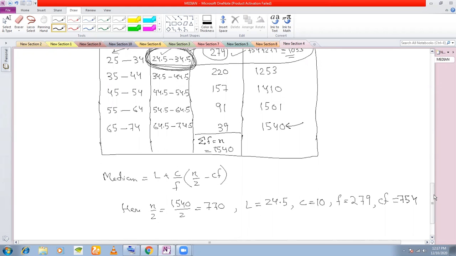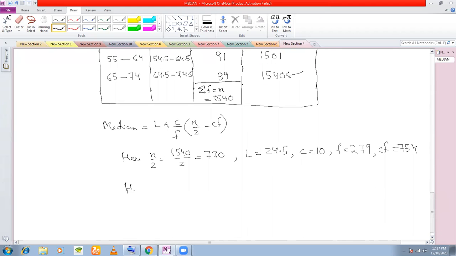Now just plug it in the formula. Hence median is equal to 24.5 plus 10 by 279 into N by 2, which is 770, minus CF, 754.